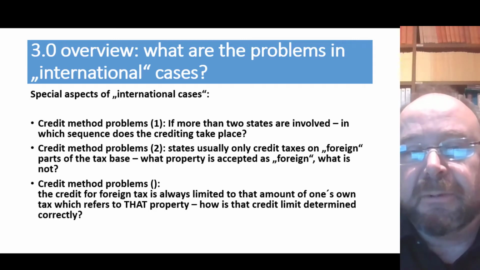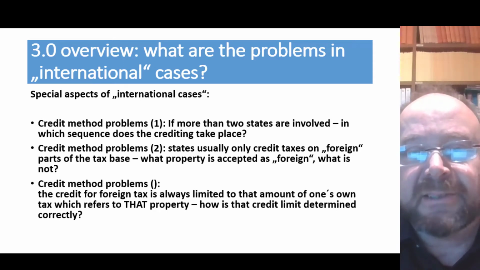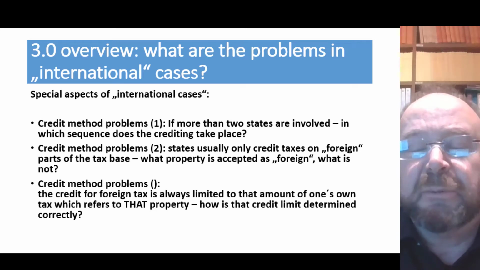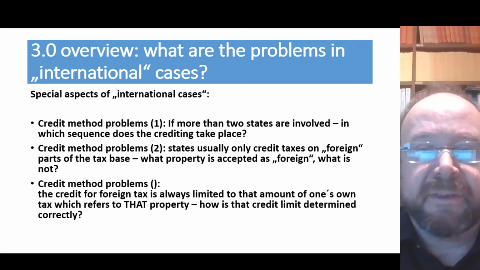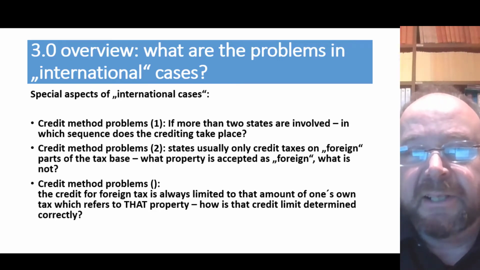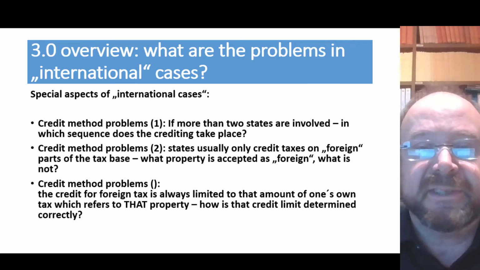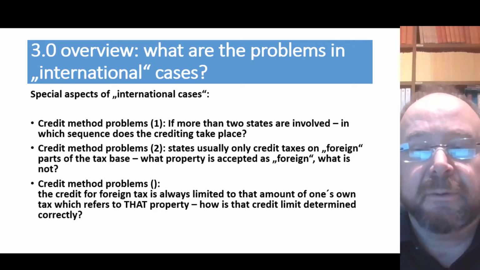And the last problem is if you give a credit for foreign taxes on foreign property, then that credit is always limited to the amount which would be due under the law of the inland for that foreign property. So the inland lowers its own tax claim on that part of the property to zero, but not below zero.